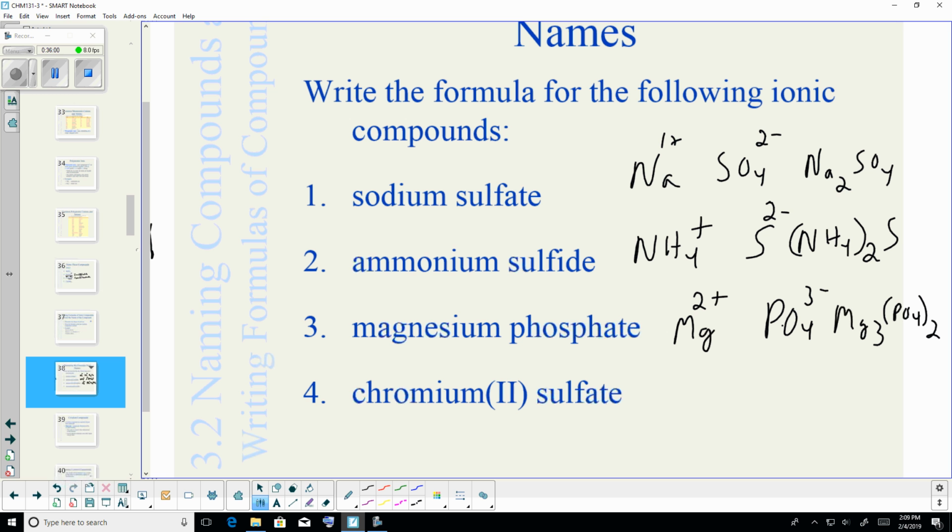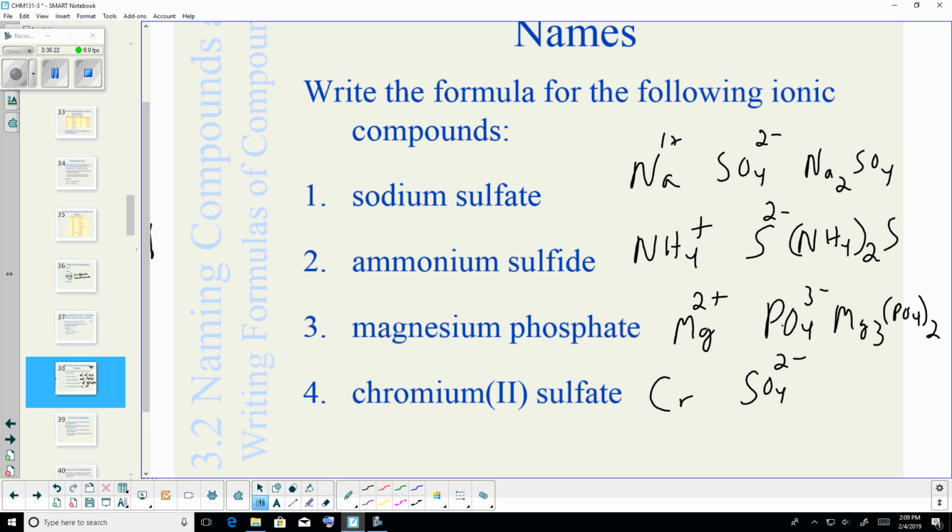Chromium 2 sulfate. We're dealing with chromium, Cr, sulfate, SO4. Sulfate's 2 minus. What's the charge on chromium? It has multiple charges. What's the charge on it? Quick. 2. How do you know?